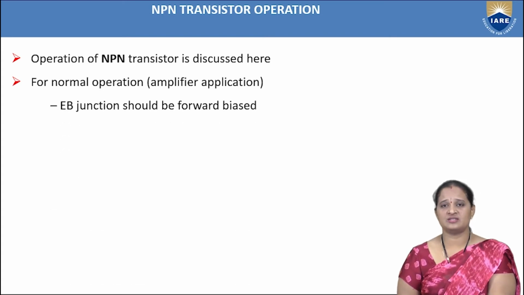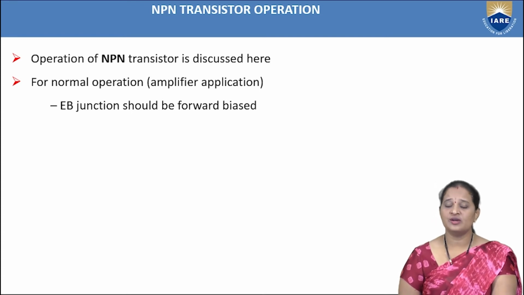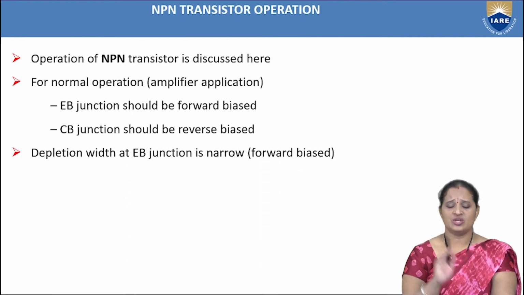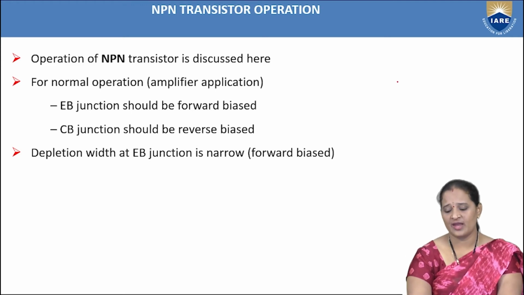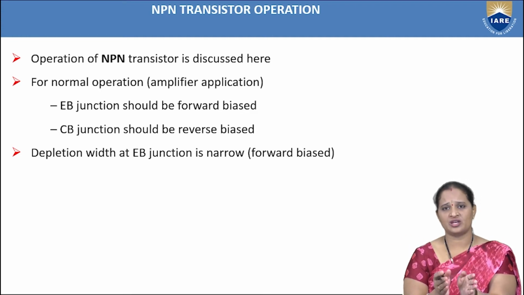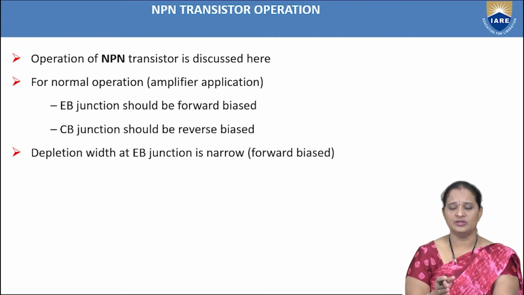So how can a transistor perform the amplification operation? By making the emitter junction forward biased and the collector junction reverse biased. As I told you, whenever we place two different types of semiconducting materials together, a junction will be formed.